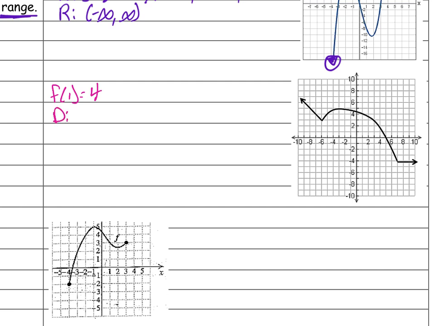My domain, I got arrows on the end. They're going forever. So this is -infinity to infinity. What does x equal when y equals 2? Well, let's see. Y equals 2 is here. So x equals 4.